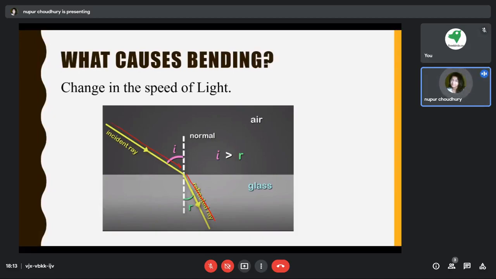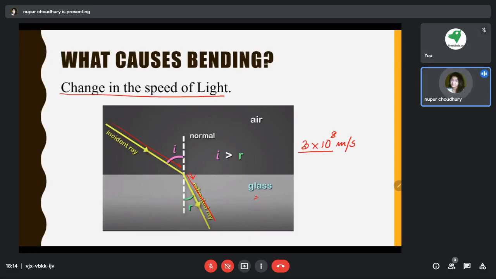Now, why does this bending occur? Bending occurs due to the change in the speed of light. All of us know that the speed of light in air is 3 into 10 to the power 8 meter per second. So light in air was traveling at a speed of 3 into 10 to the power 8 meter per second, and whenever it enters the medium which is glass, the speed of light is reduced, because glass has more density than air.